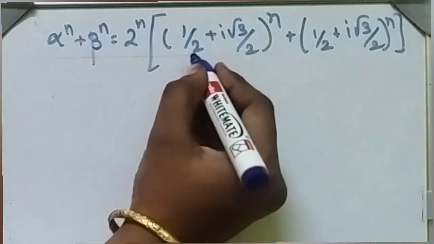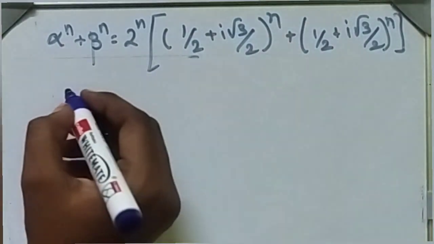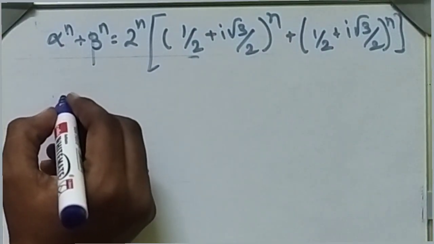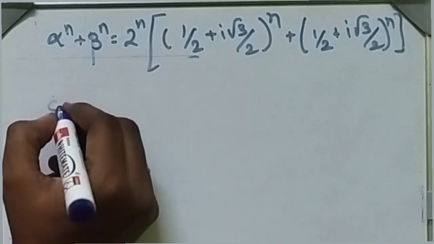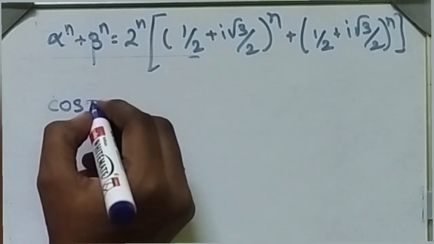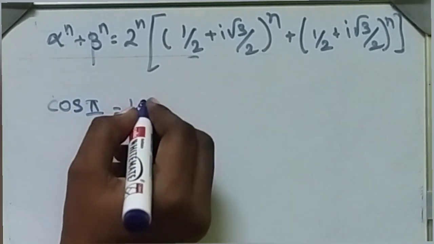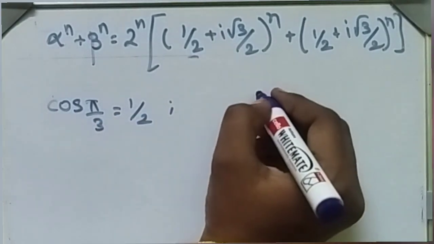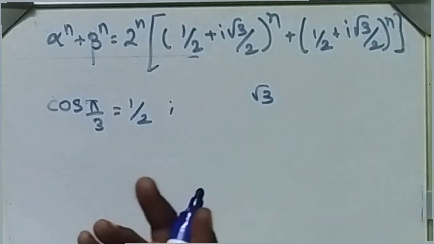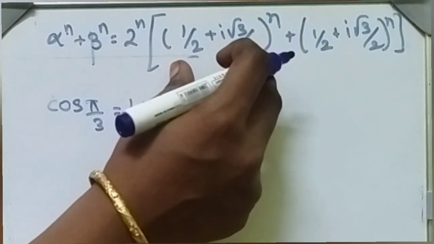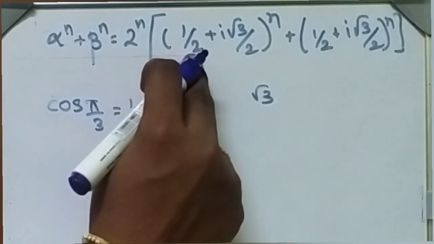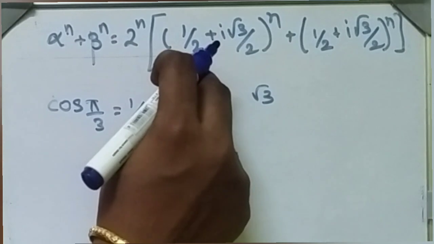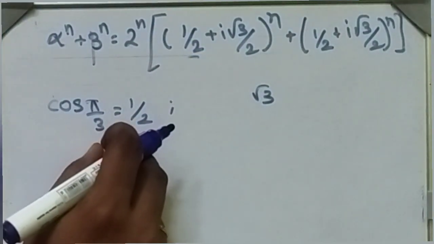So at what value does cos become 1 by 2? Yes, cos pi by 3. Cos pi by 3 equals 1 by 2. Right? At what value are we going to change this term into the form of cos theta plus i sin theta? So I take 1 by 2, and what is the equivalent value of cos?